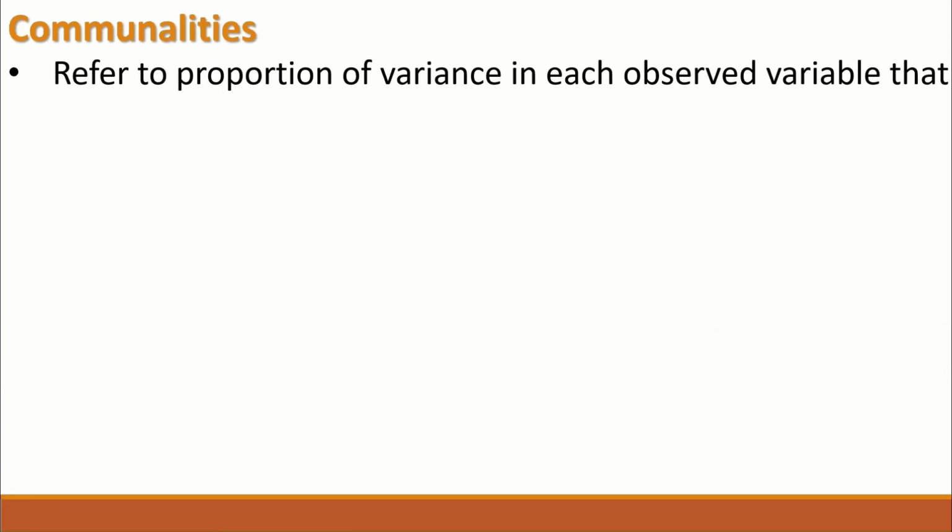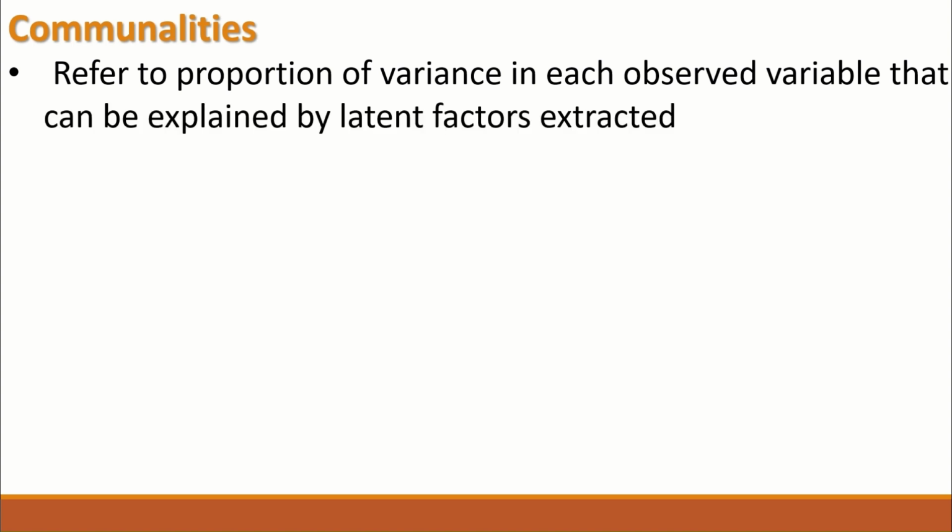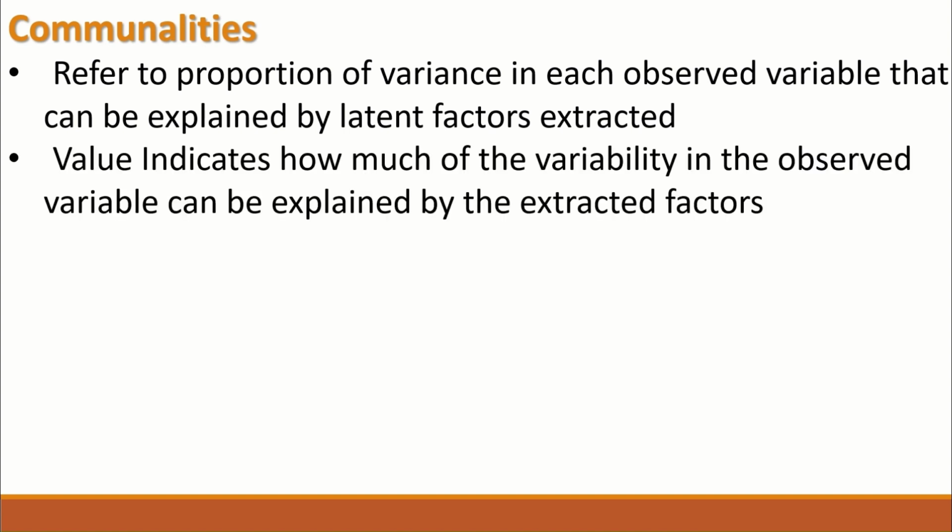What is also important to be checked and examined is a term called communalities, that is calculated after performing the EFA. Communalities refer to the proportion of variance in each observed variable that can be explained by the factor extracted, or the latent factor extracted.